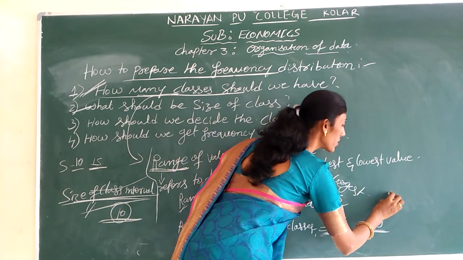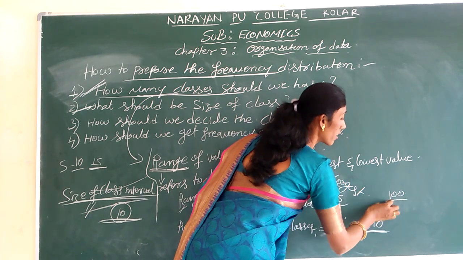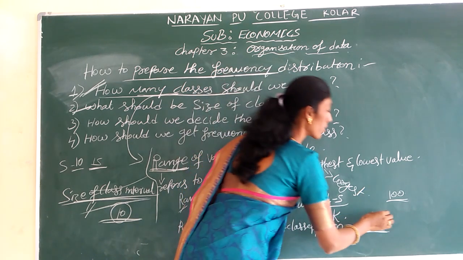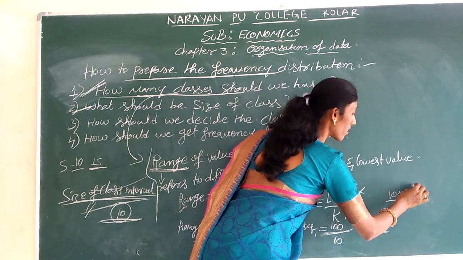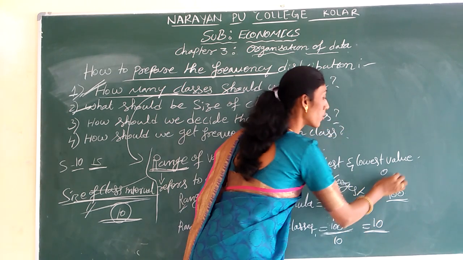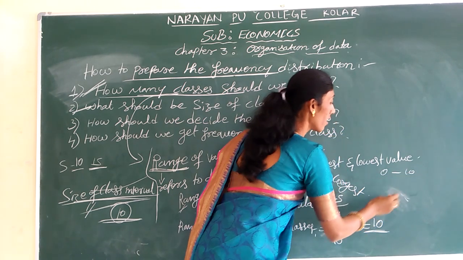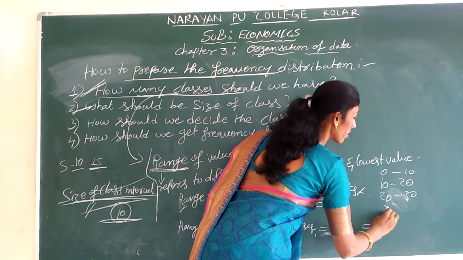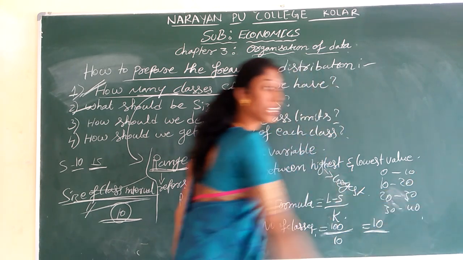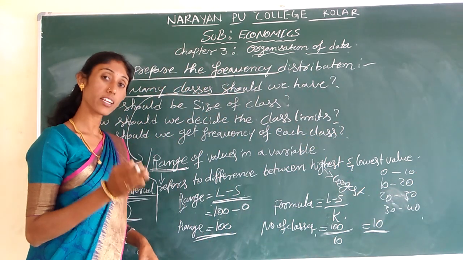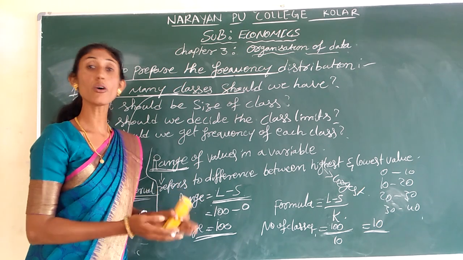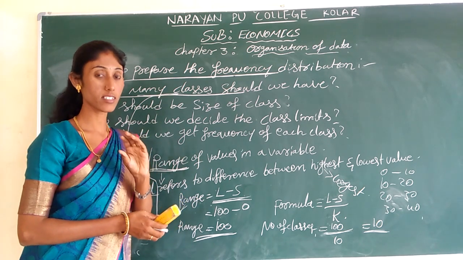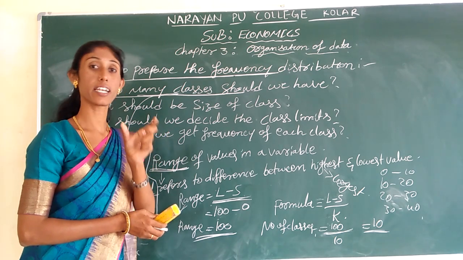Now the range is 100, the number of classes is 10 and the class interval is also 10, and we can decide the classes are from 0 to 10, 10 to 20, 20 to 30, 30 to 40, until we get to 100. Until we get to 100, the classes will continue, and it means we will get 10 classes and each class size will be 10.